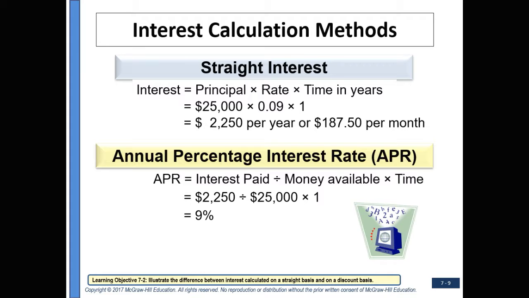If you take that time in years and instead of multiplying it by 1, take that to a fraction of 12. There are 12 months in a year. If you multiply it by 1 divided by 12, or 1/12, you'll yield the same amount, the $187.50. So it's principal times rate times time. And time can be either an entire year, and then you fraction it down by dividing 2250 by 12, or you can just multiply it by 1/12 to begin with.